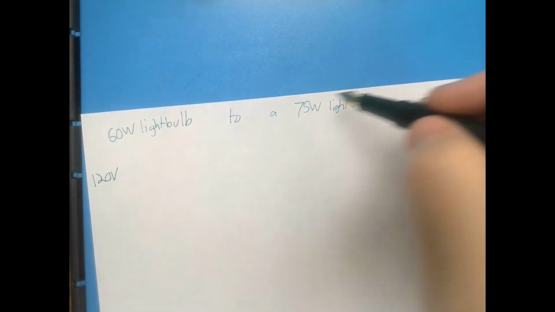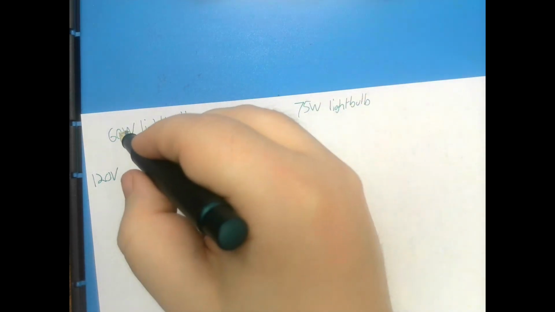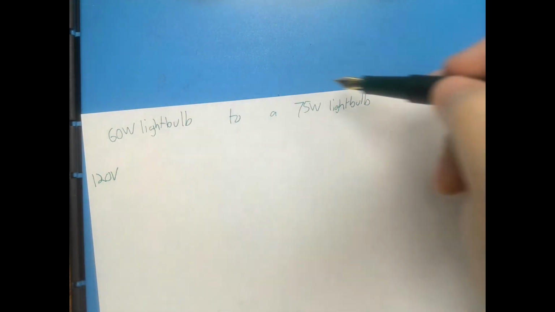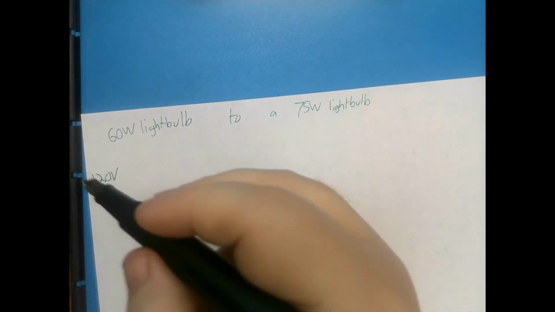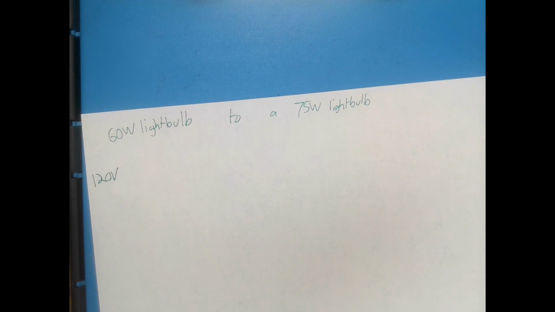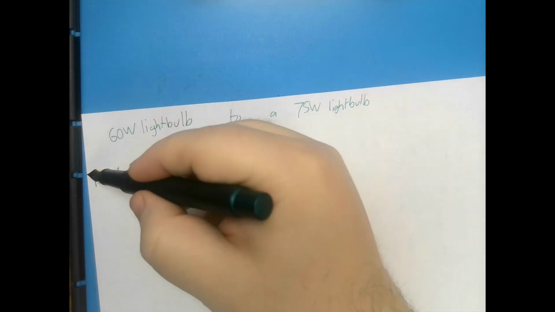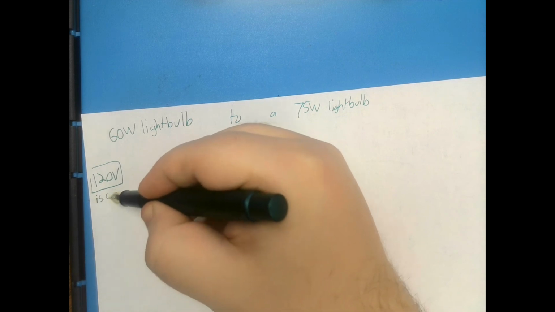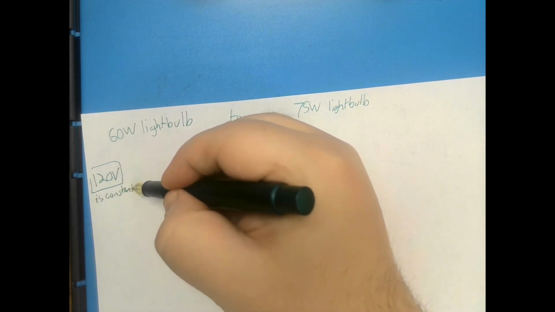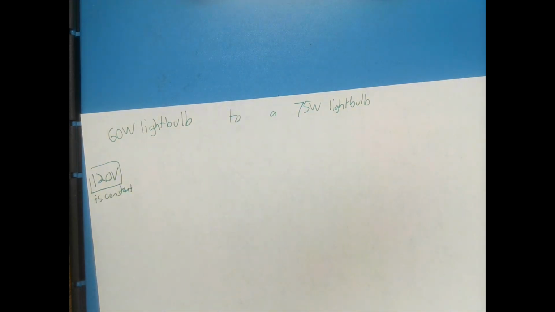So what must be changing in order for it to produce 60 watts? It must be the current that is changing. So 120 volts is constant for every device in your house, except for maybe your drying machine, which is at 240.